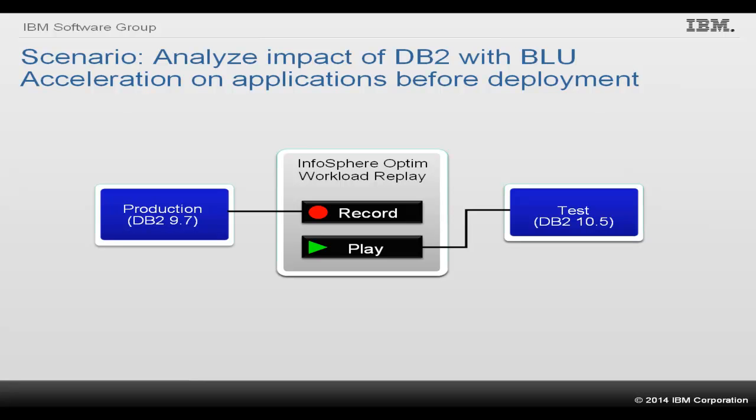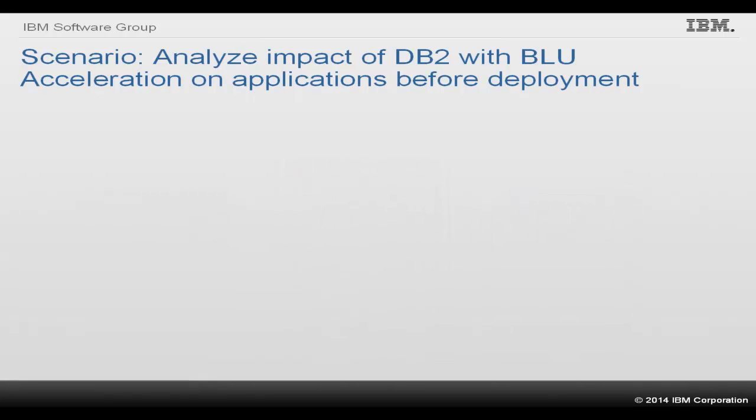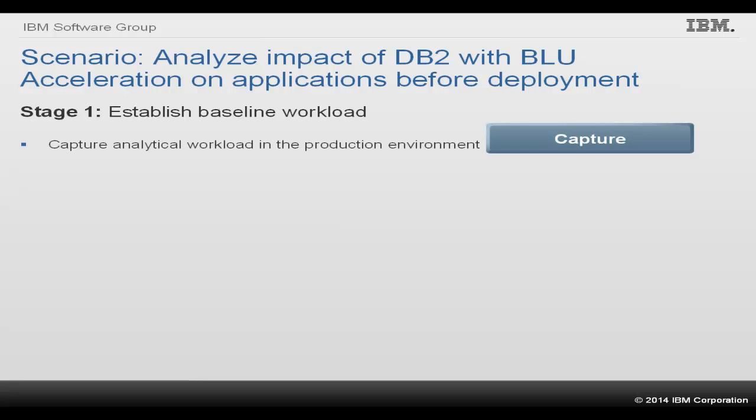This verification process has two stages. In the first stage, Shelley creates a baseline workload to validate that her test environment behaves like the production environment. She completes the following 4 tasks. First, she captures a representative production workload for the analytic applications that run on DB2 version 9.7.